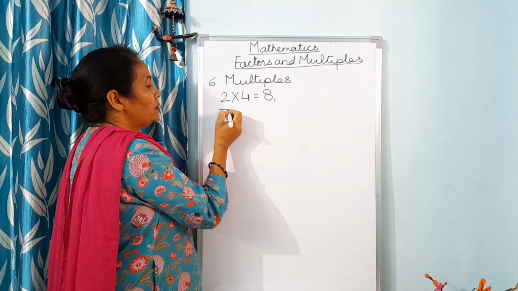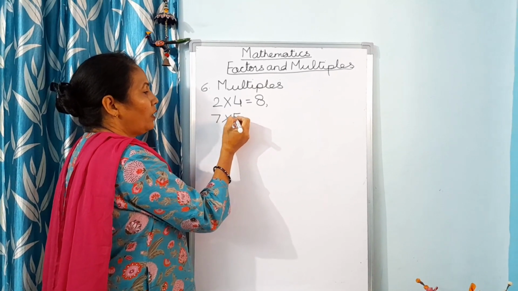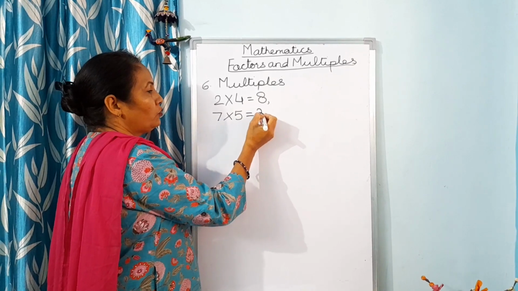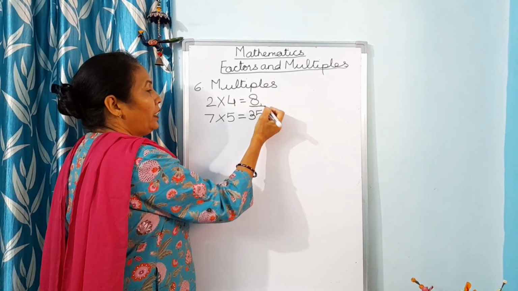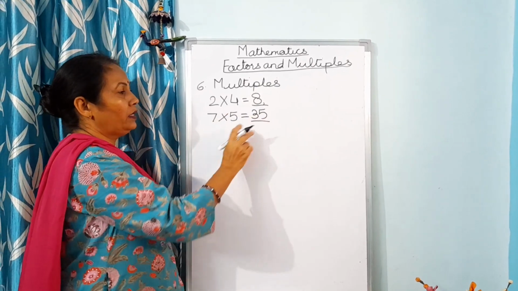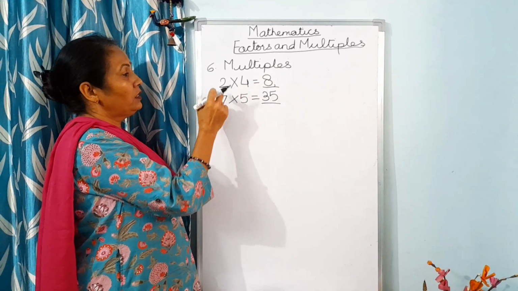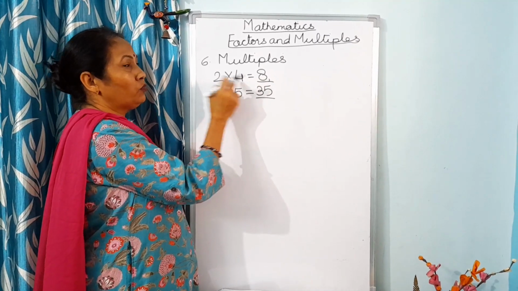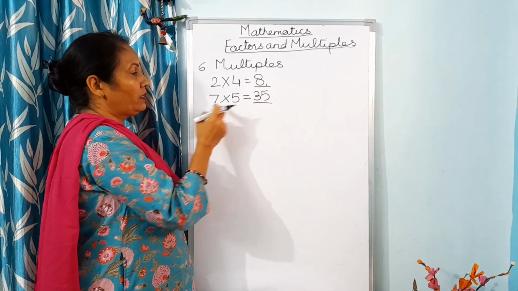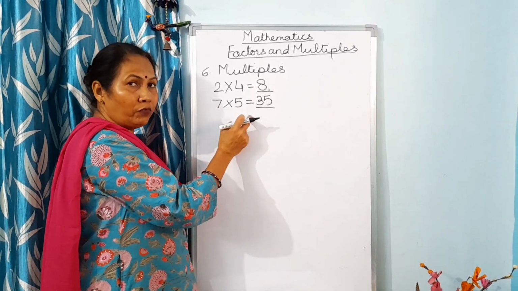Then 7 into 5 is equal to 35. Now 8 and 35 are multiples. That is, 8 is a multiple of 2 and 4, 35 is a multiple of 7 and 5.